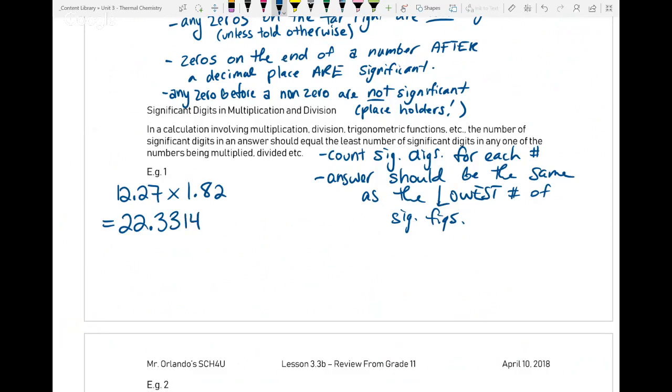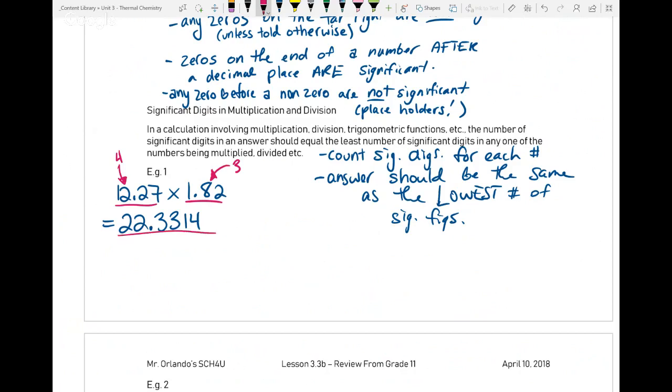The thing is, these numbers, whatever device I measured this on, give me how many significant digits? 4. And this device had 3 significant digits. So if I had 4 significant digits from the first device, maybe it was a scale, and 3 significant digits from the second device, maybe it was a pipette that we used to measure volume, something like that.